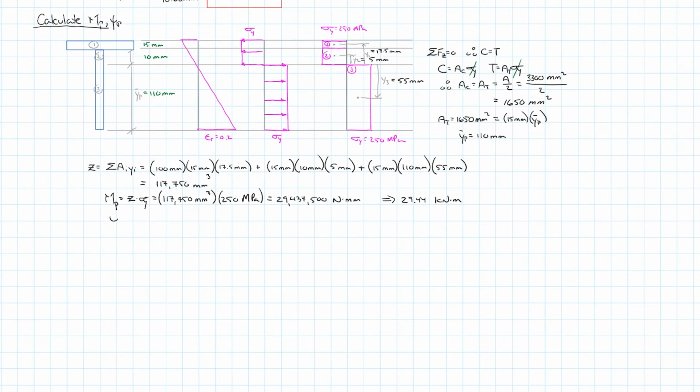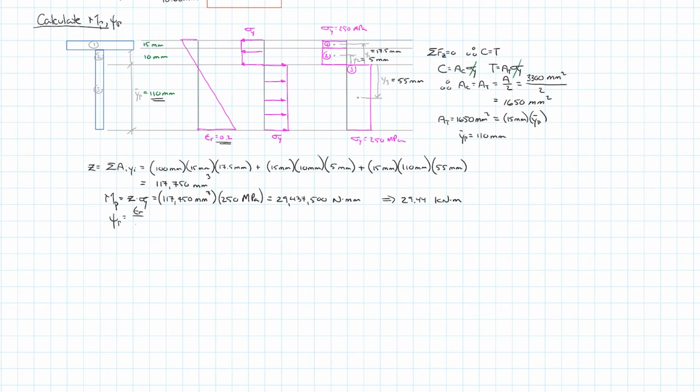And before we go too far, we want to figure out what our curvature plastic is. And so we do that same ratio that we did before. So we have to, in this case, use our rupture strain and the distance from the neutral axis associated with that, which is 110 millimeters.